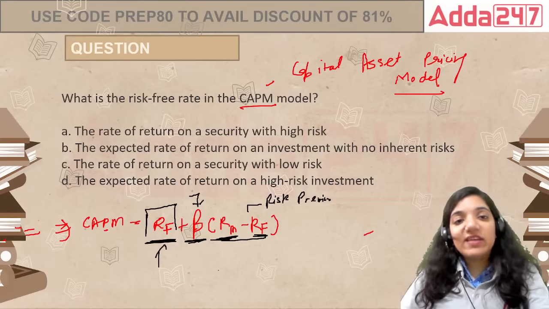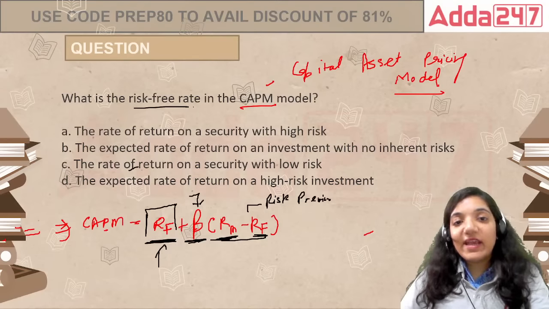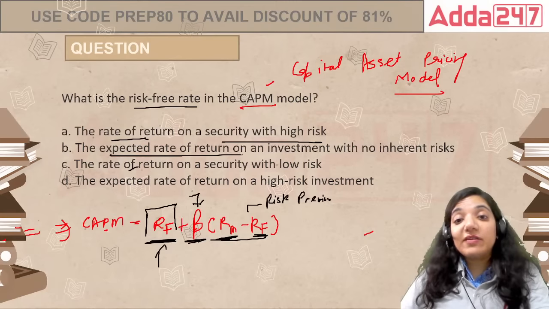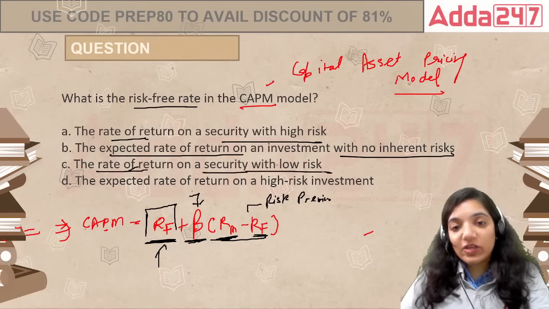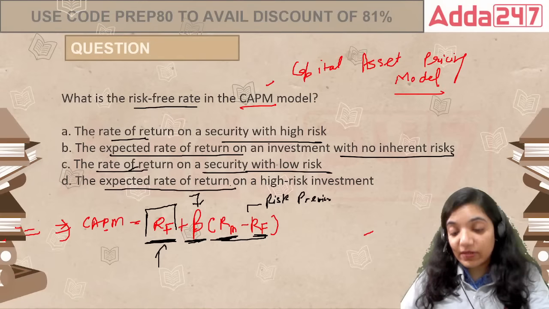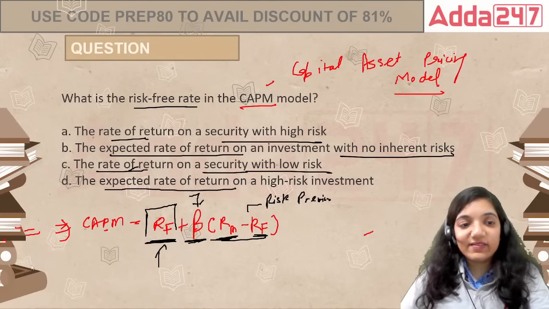Okay? So in this case, what is the risk-free rate in the CAPM model? The rate of return of security with high risk, the expected rate of return with no inherent risk, the rate of return of security with low risk, or expected rate of return with high risk.